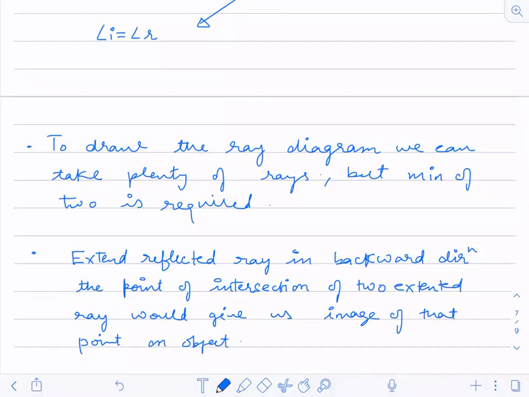So what I'm trying to say is, we have to extend the reflected ray in backward direction.